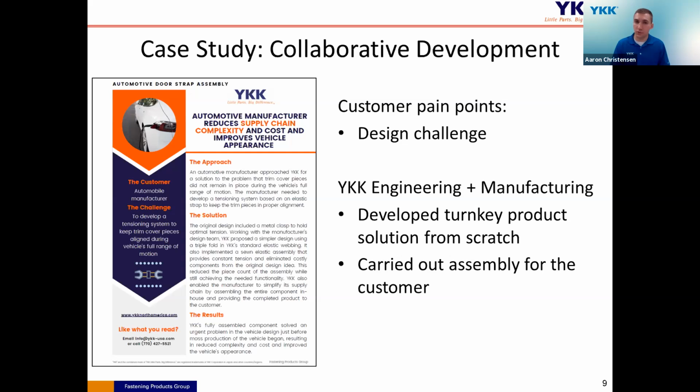We also engineered some special sewing so that the piece would perform as it needed to and achieve that task of keeping the parts in place in the vehicle. Ultimately, we ended up carrying out assembly for the customer as well. We were able to do everything in-house. So this is another good example of YKK being speedy and helping out a customer when they were in a bind.